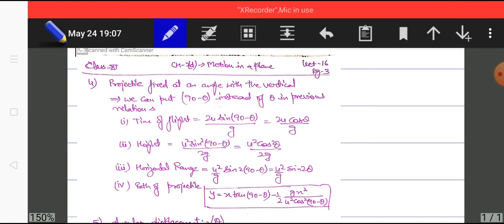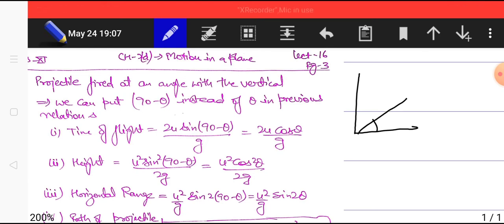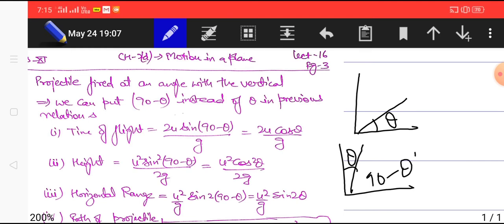So is it quite simple? Let me tell you, we have derived the relations for this theta. If we are to calculate relations for this theta, we know that our original theta is now 90 minus theta. So in our original formulas, if we put 90 minus theta, we can have all the relations.